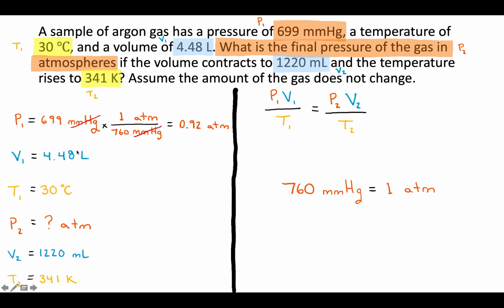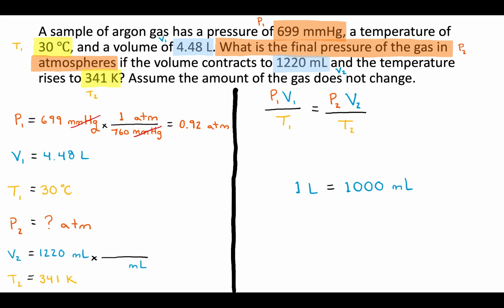Next, volume. V1 is in liters, V2 is in milliliters. Have to do a conversion there. The conversion factor to go between milliliters and liters is, 1 liter equals 1,000 milliliters. So I'm going to convert milliliters down here. So 1,220 milliliters. Every time you do a conversion, you write a multiplication sign and a fraction bar. The units you start with go on the bottom of the fraction so they cancel out.